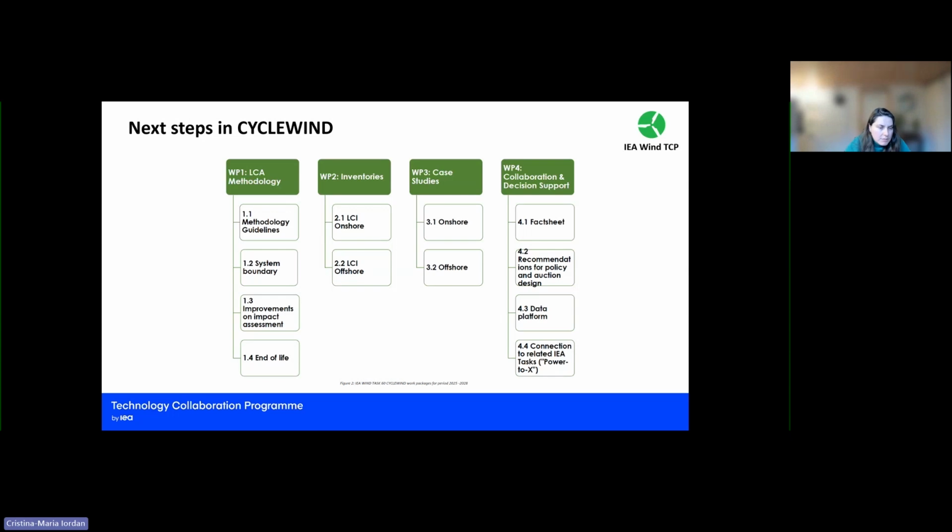In addition, we're aiming to provide a platform for collecting and sharing primary data in the supply chain of wind power, in order to facilitate information exchange and increase the transparency and comparability between LCAs of wind power.